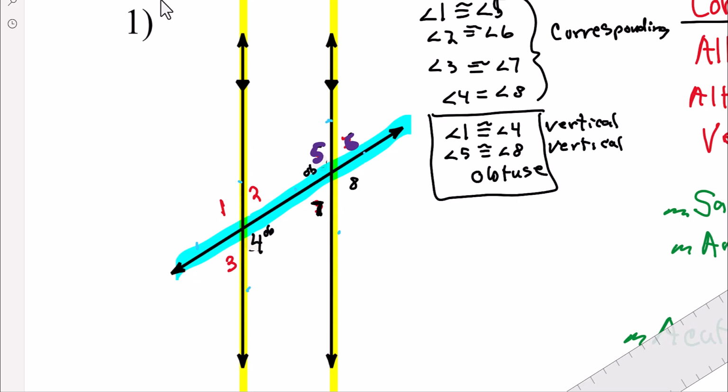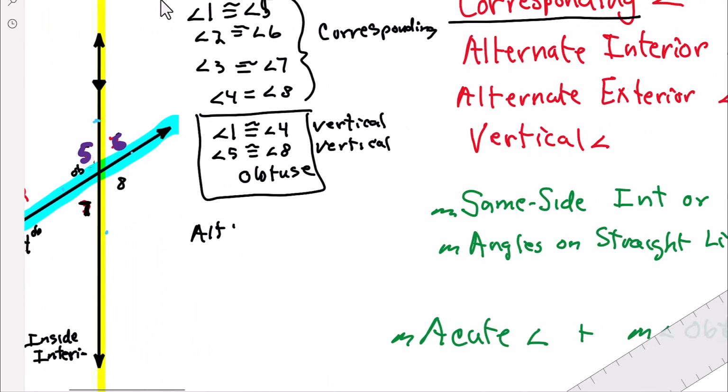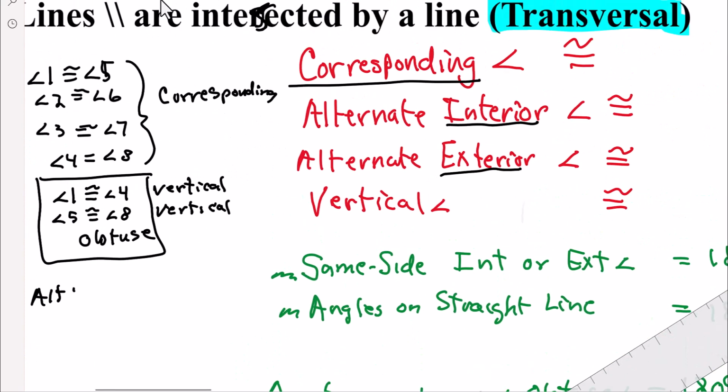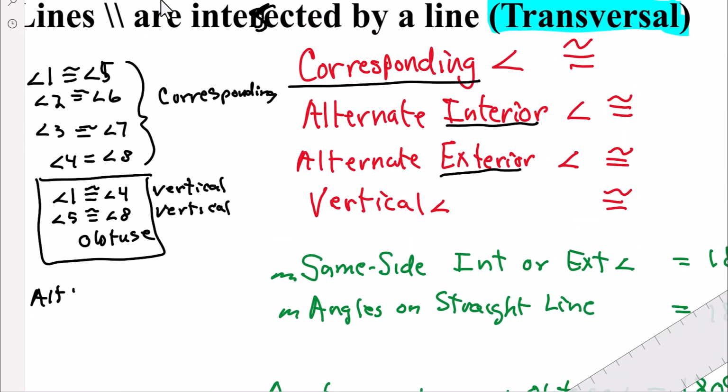They have to be congruent, but they're on alternate sides, and they're inside the parallel lines. Inside means interior. And if one's on this side and one's on that side, those are called alternate sides. So alternate interior, and I have it right here, alternate interior, alternate exterior angles are congruent.